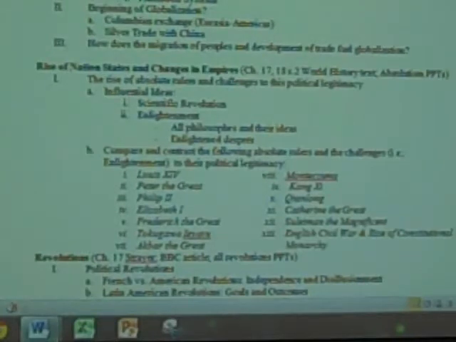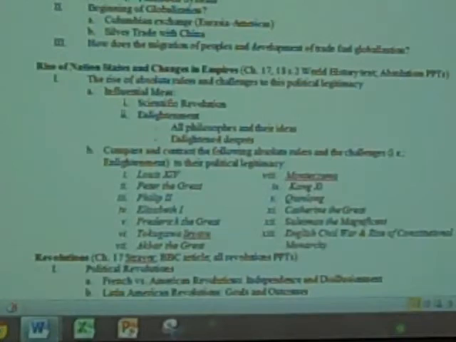Some people, like Akbar the Great and Tokugawa, weren't in every single class, so you would only be expected to know them, and have a question on your test, if that person was presented in your class. Louis XIV everyone's responsible for, because he was also in the textbook.